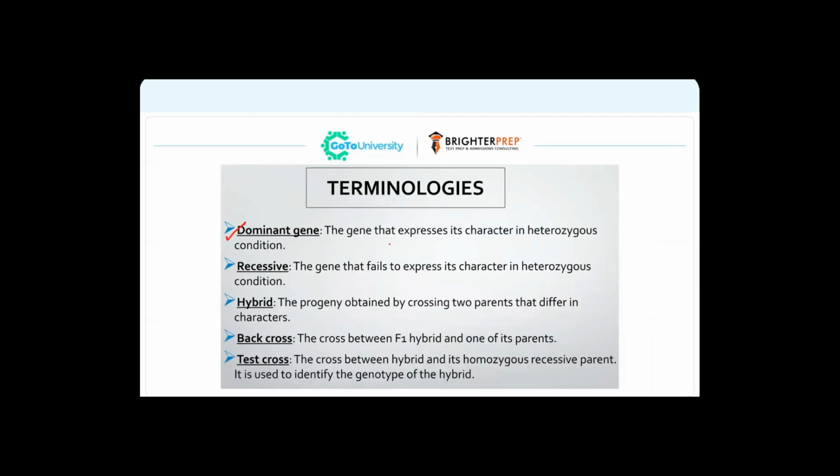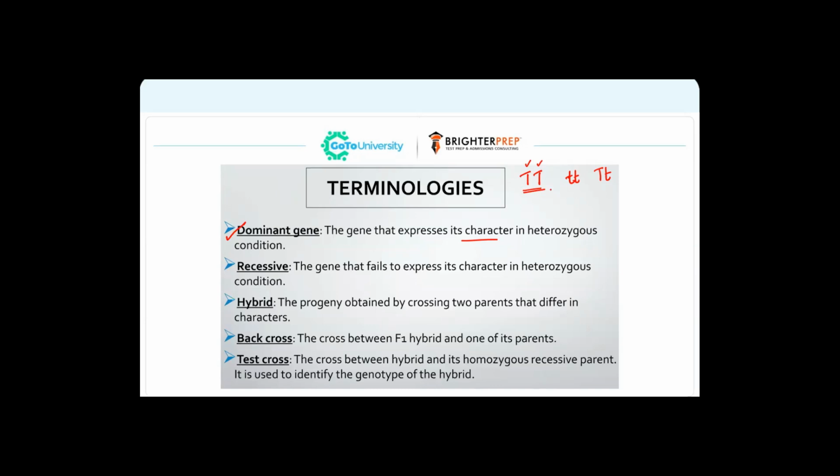A dominant gene expresses its character in heterozygous condition. For example, capital T, capital T is homozygous dominant, and capital T, small t is heterozygous. In case of homozygous dominant, both the alleles are same, and we can't say one is dominant over the other.